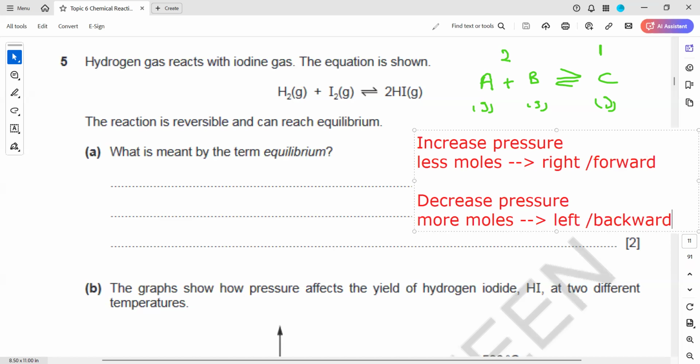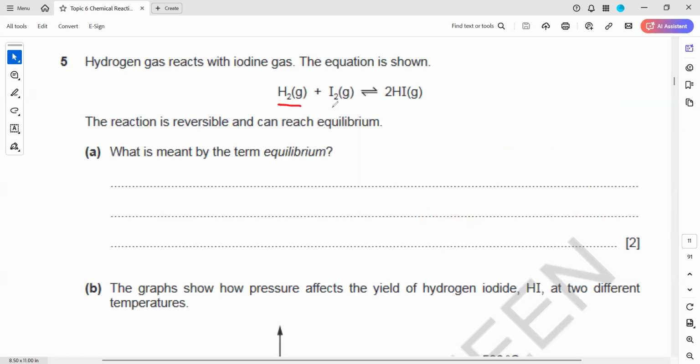It's a fixed rule. You have to learn this rule: increasing the pressure shifts the equilibrium towards the side of fewer moles, and decreasing the pressure shifts the equilibrium towards the side of more moles. According to this question, if we increase the pressure, it should shift towards the right, and if we decrease the pressure, it will shift towards the left. But what if we have the same number of moles?